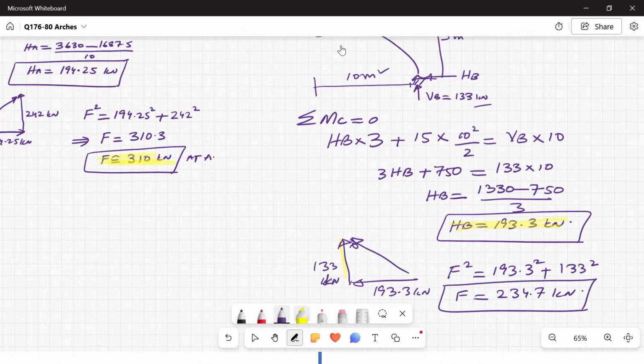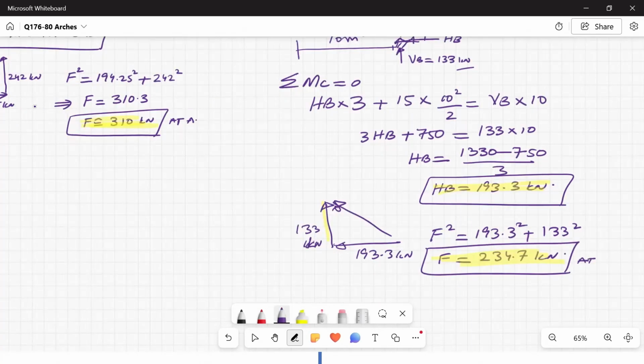So this is the thrust at point B. Now see that the maximum is this 310. Thrust at B is less than thrust at A. So our final answer is 310.